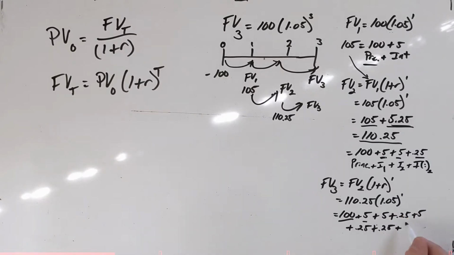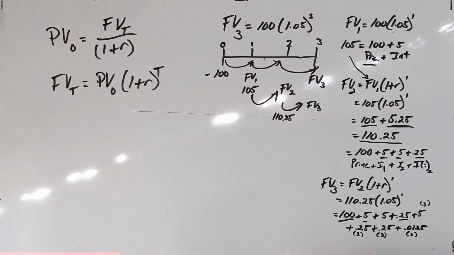And lastly, you're going to get 5% on this 25 cents. So this came in year 3, this came in year 3, this came in year 3, and the last piece is we get interest on the interest from year 2. So we get 5% on that, which is 0.0125, and that came from year 3.